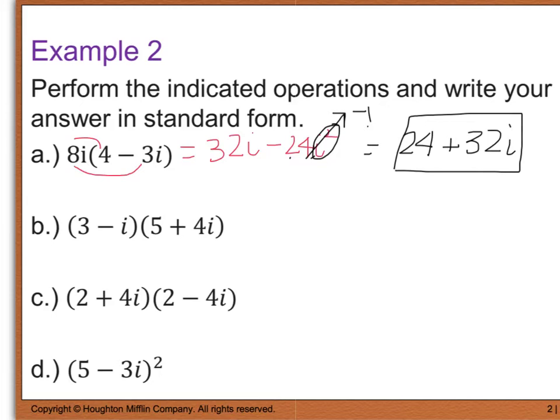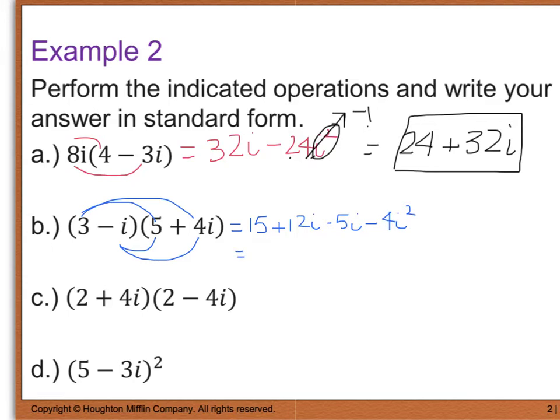Now for part B, I'm going to do the same thing. I'm going to distribute. So I have 3 times 5, which is 15. 3 times 4i will give me a plus 12i. Negative i times 5 is minus 5i. And then I have negative i times a positive 4i will give me minus 4i squared. So let's combine our like terms.